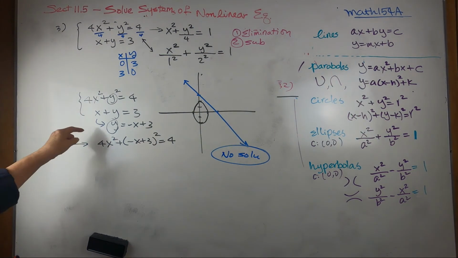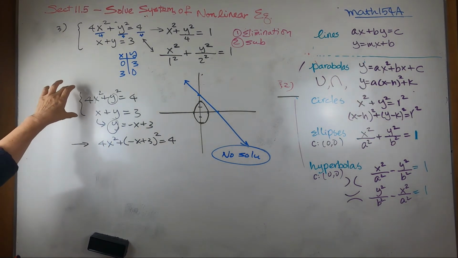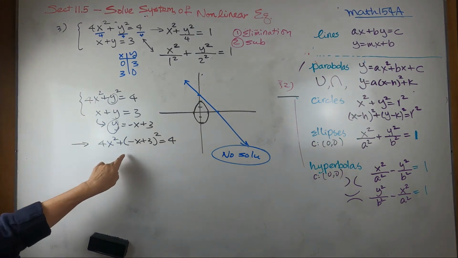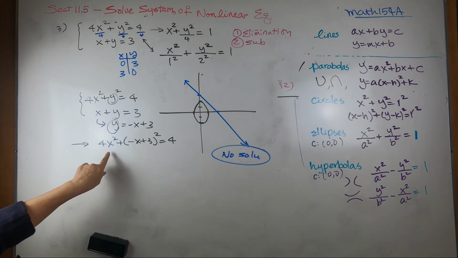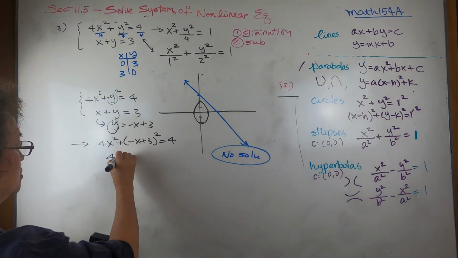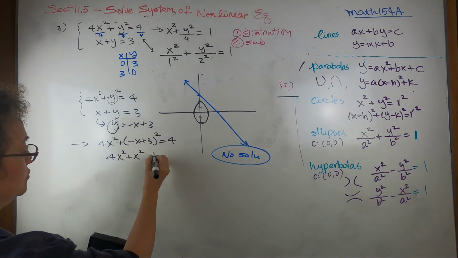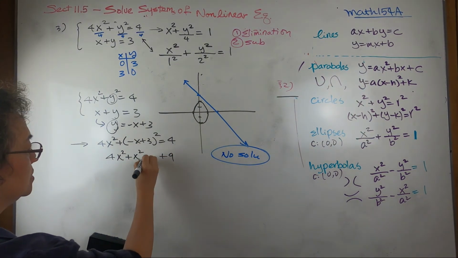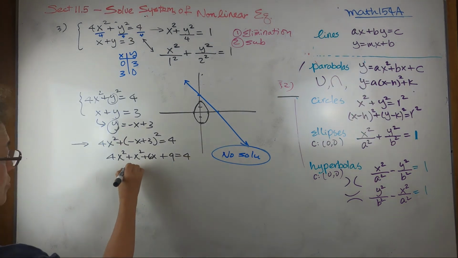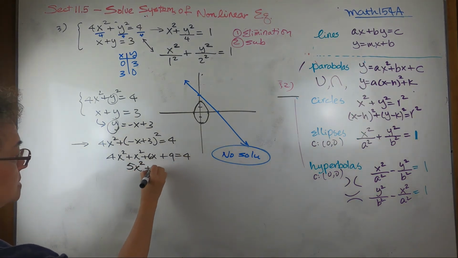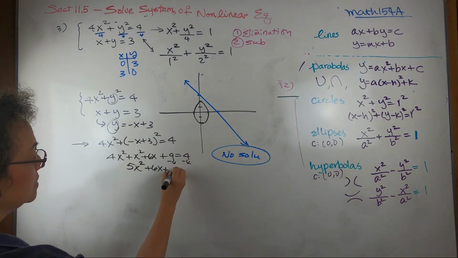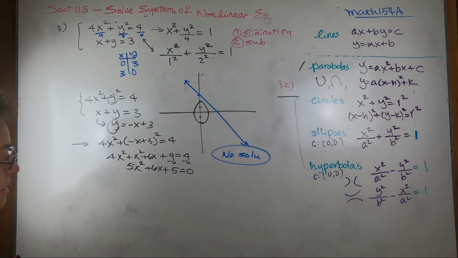Okay, so by substitution, two variables and two equations become one variable and one equation. So we will solve it. You have to FOIL: 9 minus 6x plus x squared, equals 4, right? Then we have 5x squared minus 6x plus 5 equals 0, after subtracting 4 from both sides.